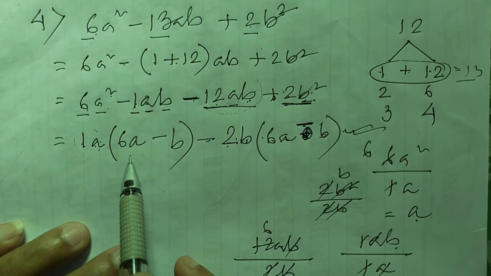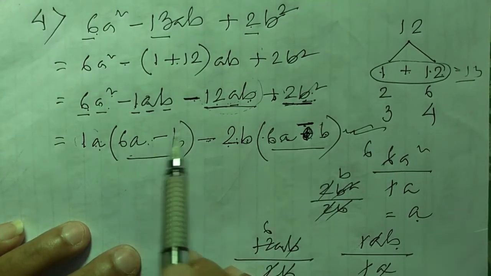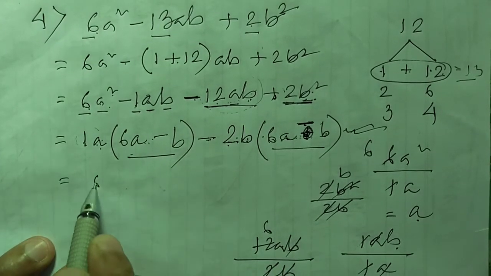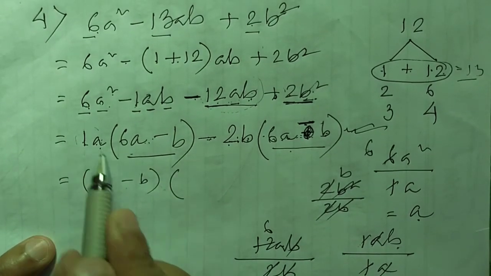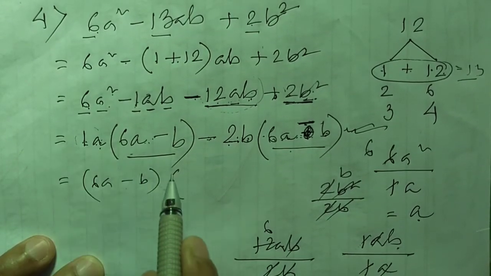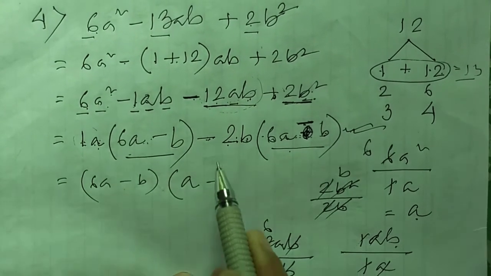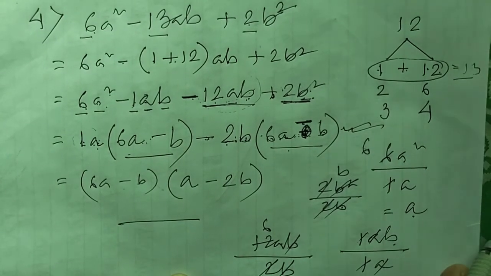And as I told you before, this bracket portion and this portion will be same. Yes, now it's same. So 6a minus b will write, and 1a we should not write, we should write a minus 2b. This is the answer.